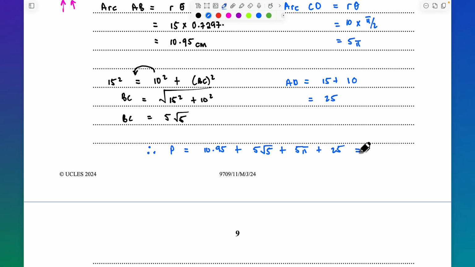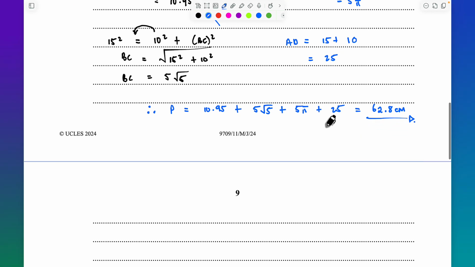Plug that into the calculator. For this value, I'm going to put the exact value from my calculator and then just add the other ones: 5 root 5 plus 5 pi plus 25. The answer is 62.8 centimeters. All right, nice. That's the perimeter problem.